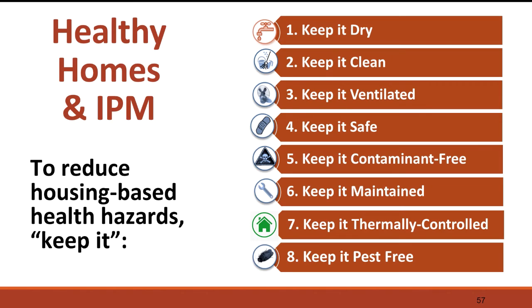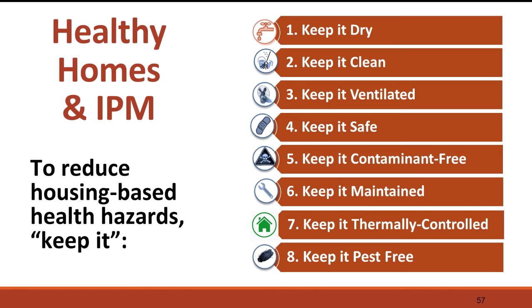For instance, keeping a home well maintained by repairing water leaks and sealing entry points also helps to keep it dry and pest-free. Keeping it dry reduces sources of water for pests. And of course, keeping a home pest-free ties in with several of the other principles. Fewer pests mean fewer pesticides or contaminants.